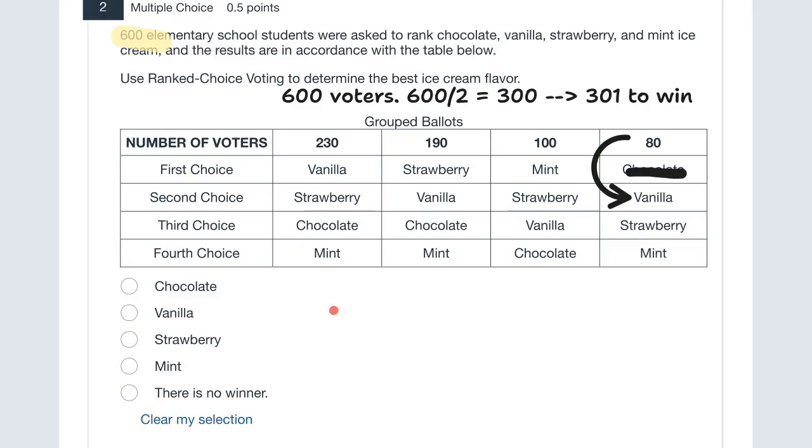And that means vanilla now has their original 230 plus 80, which is 310. We got a winner. So vanilla wins, and then we're done. Ranked choice voting is pretty straightforward.